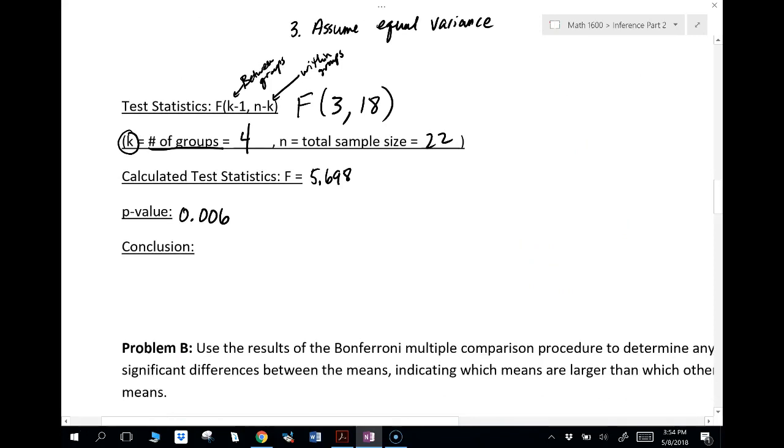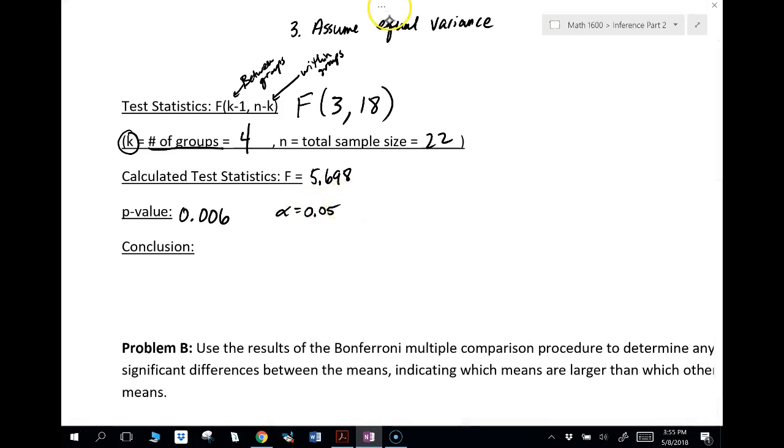Same thing we did in every test. Compare the p-value to the alpha level. Rejection region is what we did for chi-squared. We don't have a rejection region here because we're not looking at the F table. Since we have a p-value, it's better just to use the p-value and compare it to the alpha level. Alpha level was, I believe, 0.05.